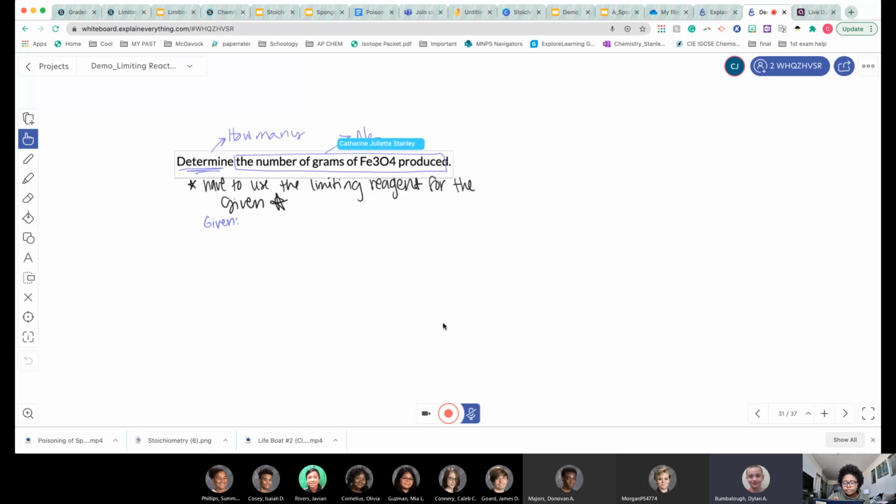But we're still on the same problem, so this is part C. It would still be 25.4 grams of Al2O3. That's going to be our excess. So we need the limiting reagent. Who's the limiting reagent? The 10.2 grams of Fe. Yes, the 10.2 grams of Fe.